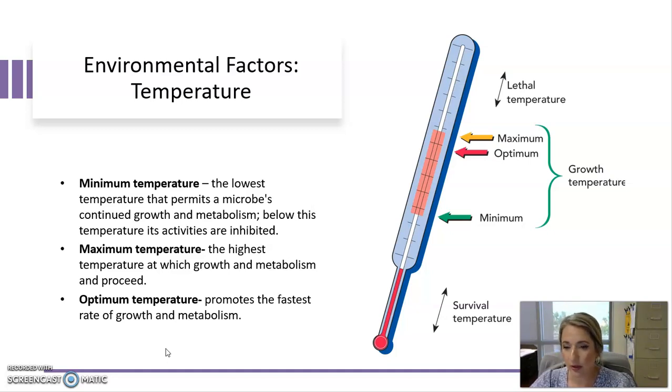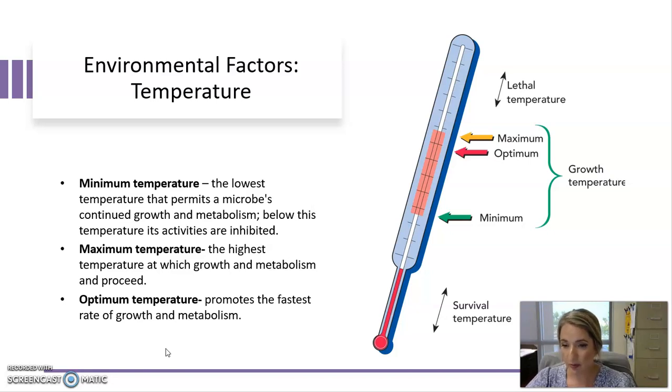So typically if I'm working in the lab and I want to preserve cultures to look at next week, I'll take them out of the incubator and put them in the refrigerator. That drops the temperature below their minimum temperature so that growth stops and the plates are preserved for the next week when we need to look at them.